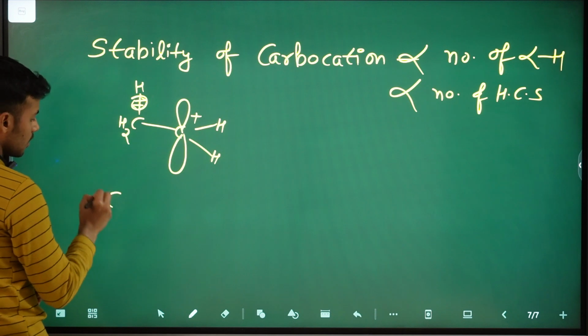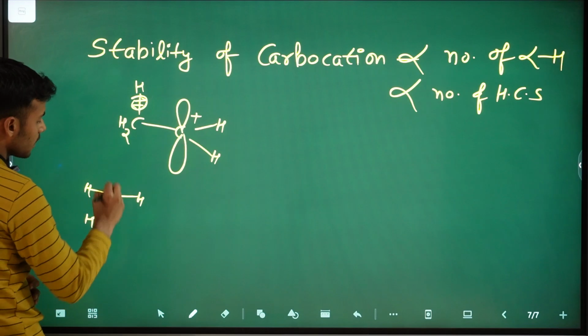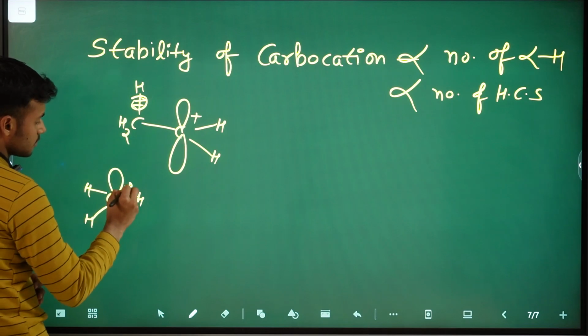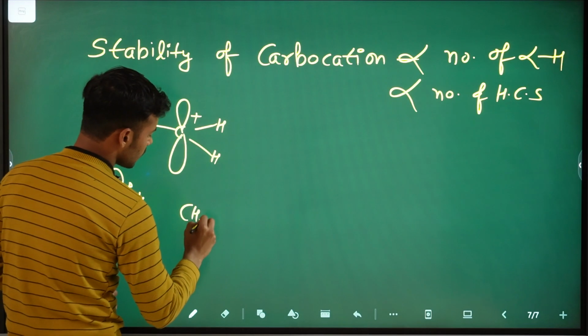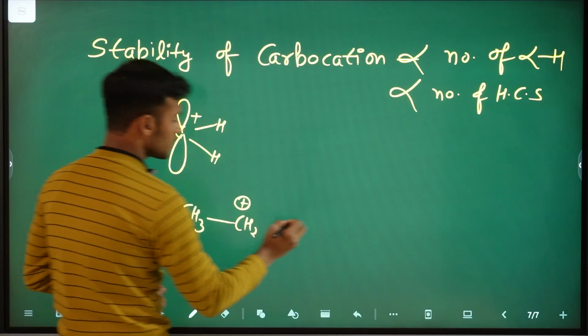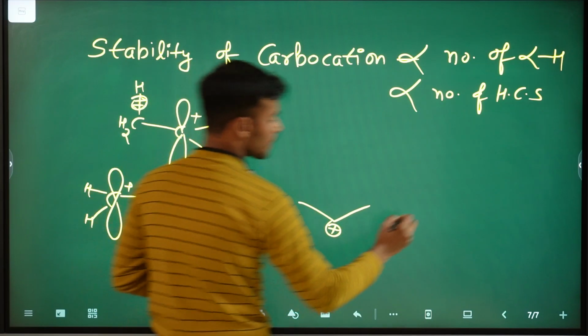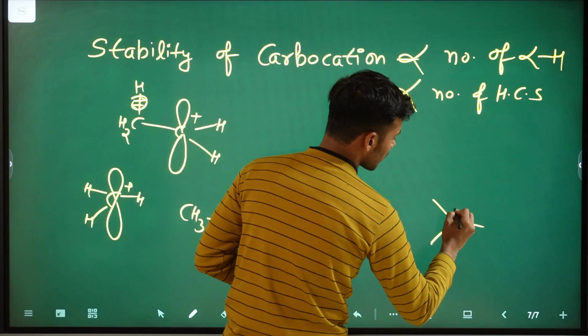Take an example: this is methyl carbocation and the next one is ethyl carbocation, isopropyl carbocation and tert-butyl carbocation.